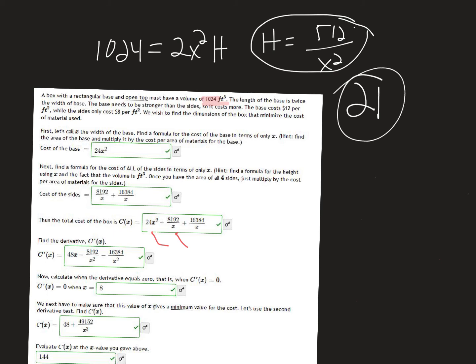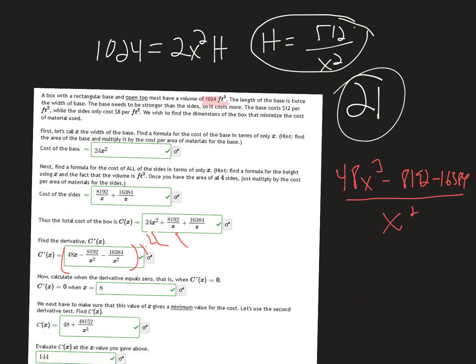I'm going to make it all be one fraction by multiplying everything by x squared. Get common denominators. That gives me 48x cubed minus 8192 minus 16,384. I see why it would be easier to have that just be one term all over x squared.